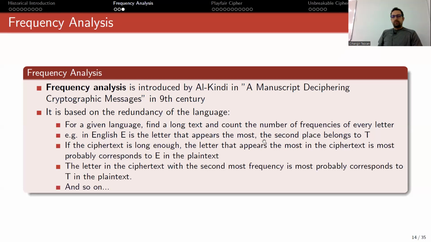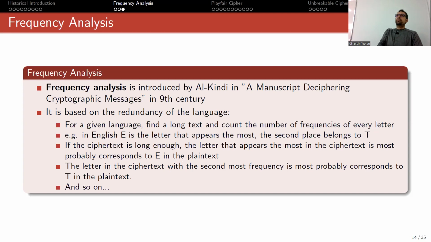Okay? So you have done this. You find the statistics, the frequencies of every letter for a language. Now, if the ciphertext that you capture is long enough, the letter that appears the most in the ciphertext most probably corresponds to E in the plain text if it is written in English.